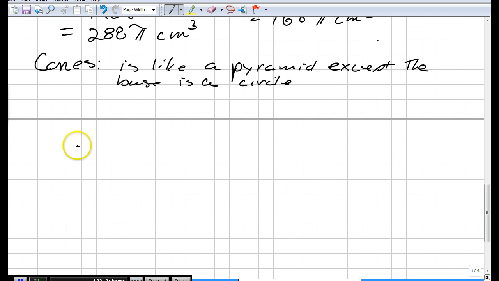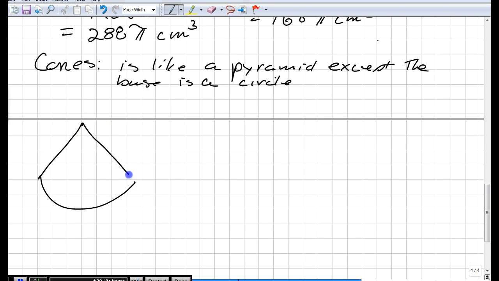So it would be something like this. Okay, and so if we drop an altitude, the segment joining the vertex of the cone to the center of the base is the altitude.